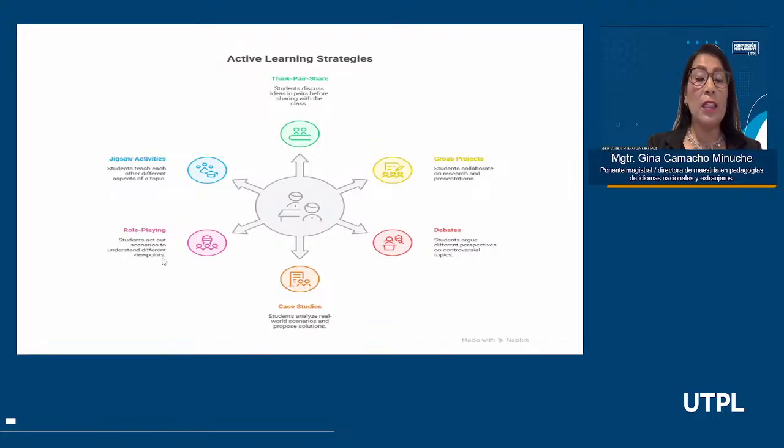Role-playing, this is very useful, especially with shy students, because they are assuming another character role, so they are usually encouraged to produce. Jigsaw activities, these are reading activities students can do in groups. Everyone obtains a piece of the reading, and then one group shares with the other what they have read, and so on, among all the groups.